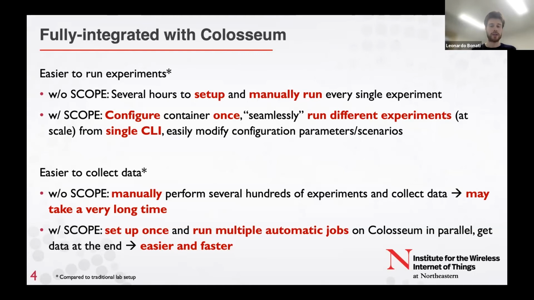And then these jobs automatically collect data and save them on Colosseum network disks, where you can log in after your experiments are over and just get the data in one shot. So this is generally easier and faster than manually performing a data collection campaign in a laboratory setup.